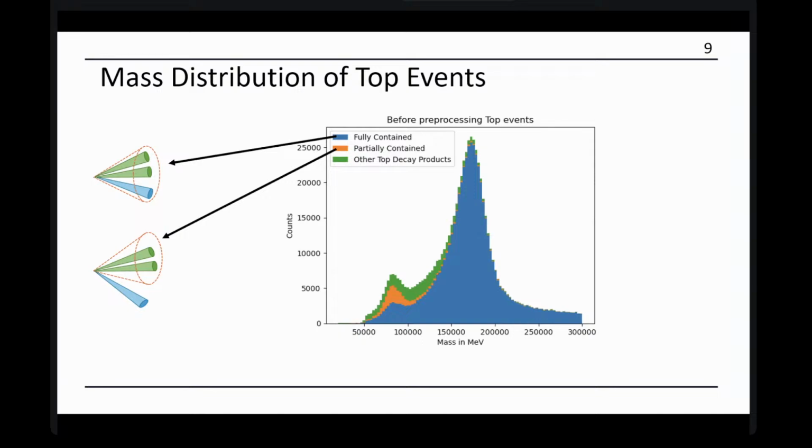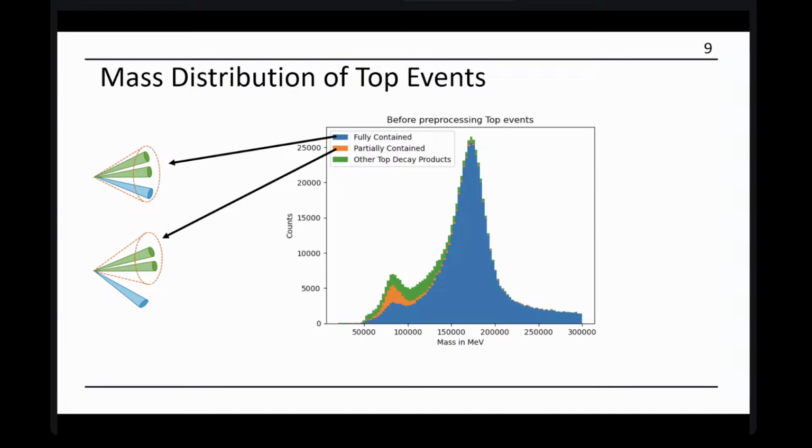We have the fully contained over here, and the partially contained in this color. And as you can see, this distribution actually shows the full complement. We have this 175 GeV, which corresponds to the top quark mass, and this small peak that corresponds to the W boson mass from the W boson fully contained.